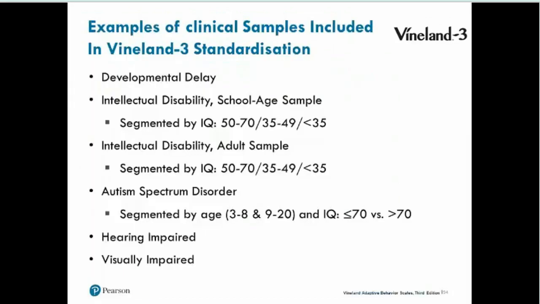You can see here, for example, in the intellectual disability school age sample that the IQ ranges are represented 50 to 70 for mild, 35 to 49 for more moderate, and less than 35 for more severe and profound. There are also additional clinical studies in the Vineland 3 manual looking specifically at children who are on the autism spectrum, those who have hearing impairment, and those who are visually impaired as well.